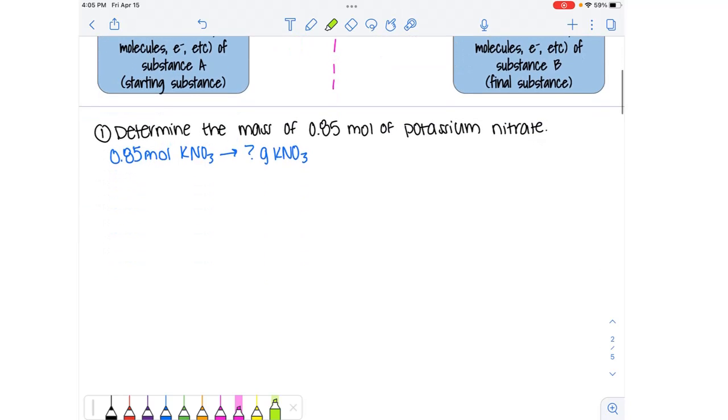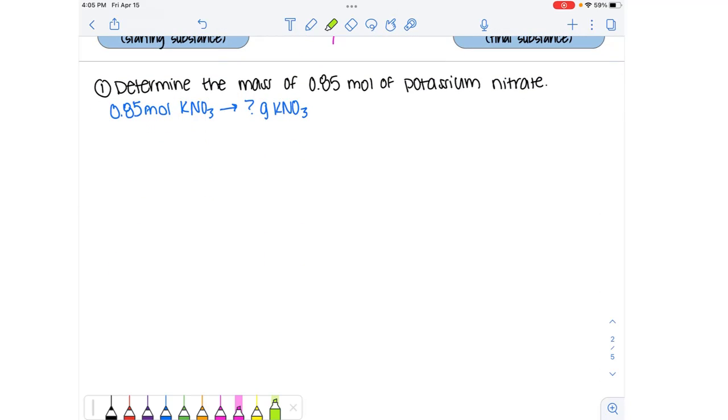So if I go back down to my potassium nitrate, I start out stoichiometry problems by writing your known as a fraction over 1. So 0.85 moles of potassium nitrate over 1. This is our known quantity.